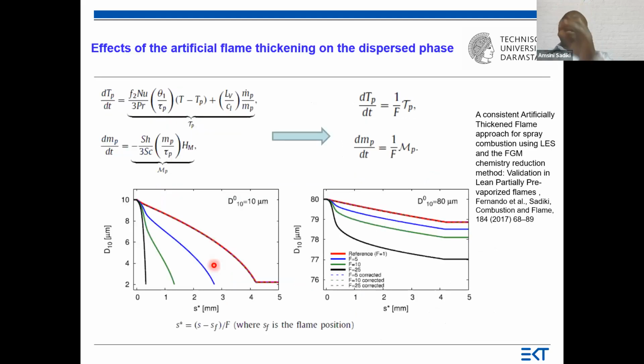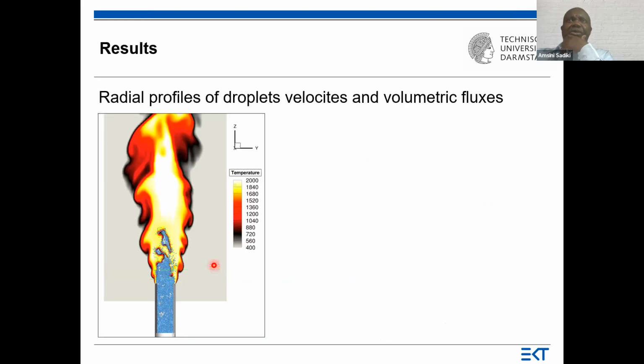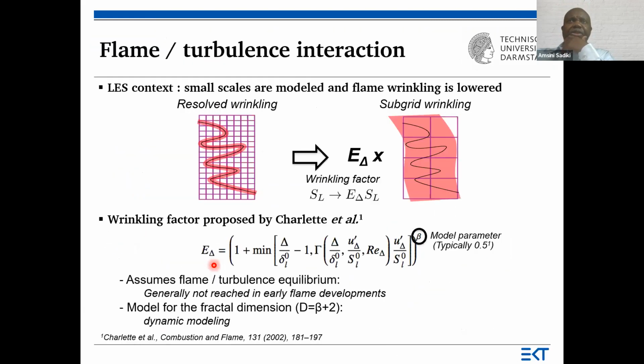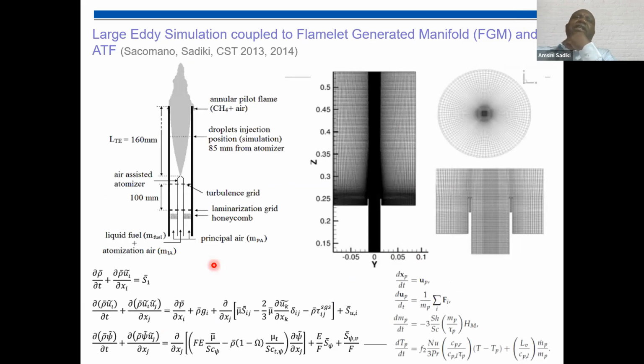What was the idea there? The idea was that we put, and this is what you also have to think about, the correction of the flow, and we change the thickness of the flame by modifying the diffusion coefficient.